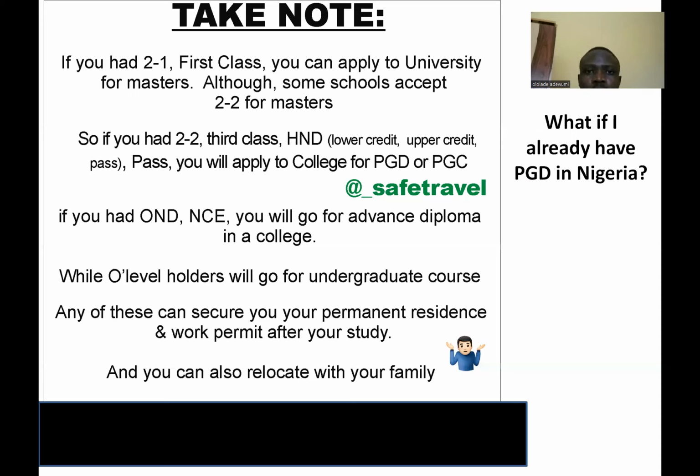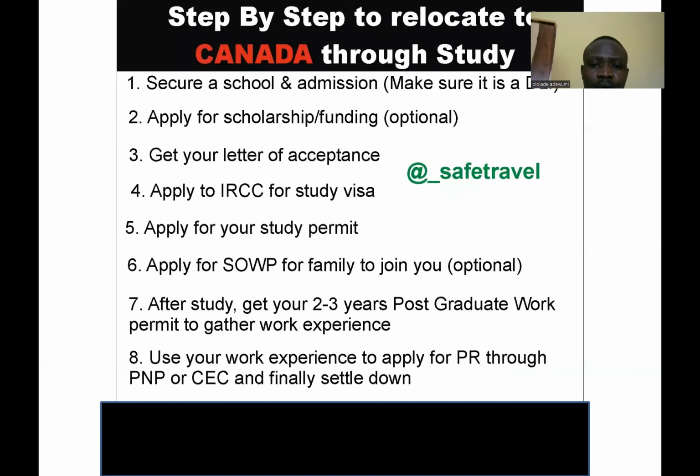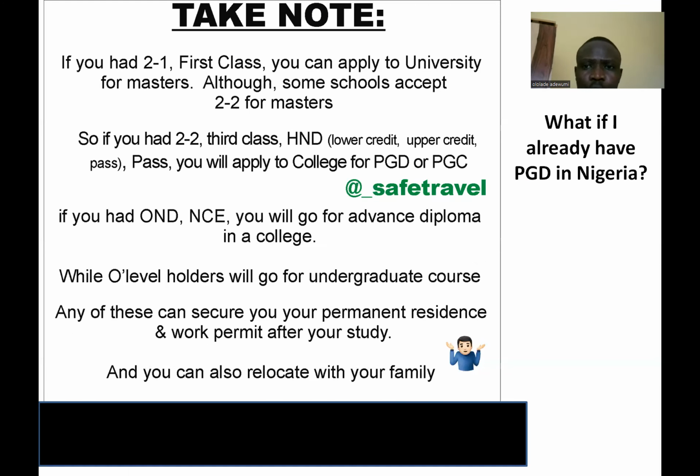So now you've gotten your certificate ready, you've gotten your transcript, and you've known which program you will go for. Now you can be asking me, which course will I apply for? Don't worry, I will answer that in the next slide.